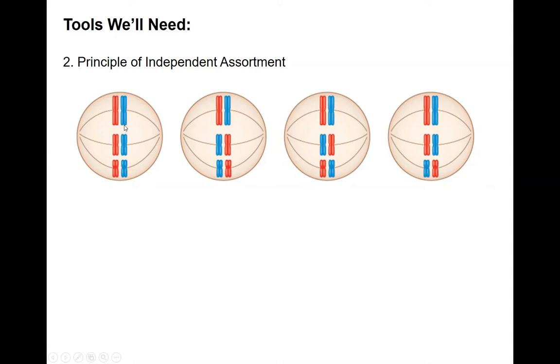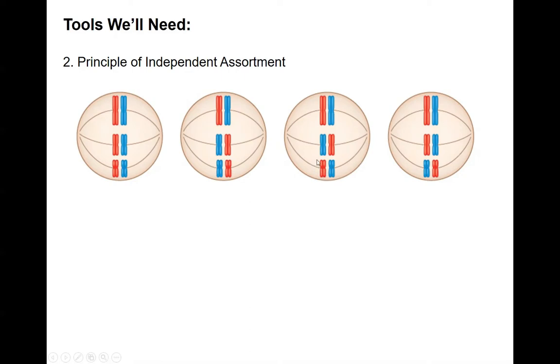So independent assortment, of course, refers to the relationship between this chromosome and any of these others. The idea being that just because the red one goes to the left side, it doesn't affect where the second and third one, how those are going to go at all. You can see all the different options here. Here, red's always going to the left on the top one, but blue for 2 and 3, you can have, again, 2 and 3 independent of each other.